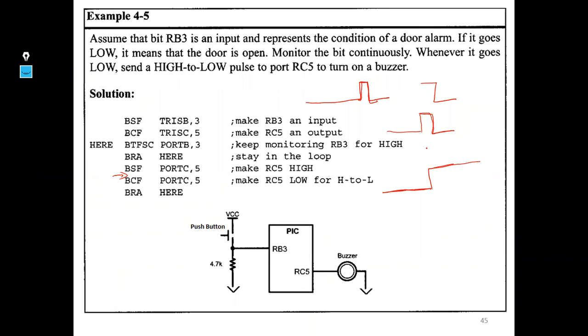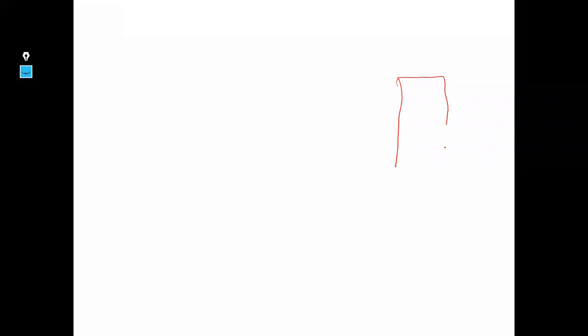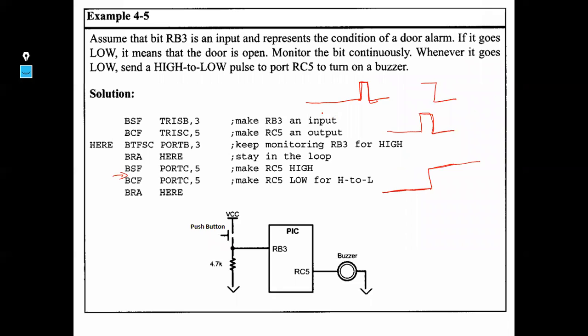Okay, I will give you homework. Let's make a white screen. Let's have this circuit. And we have two push buttons. We have one push button connected on B0. This is VCC, and we have one push button connected on VCC.